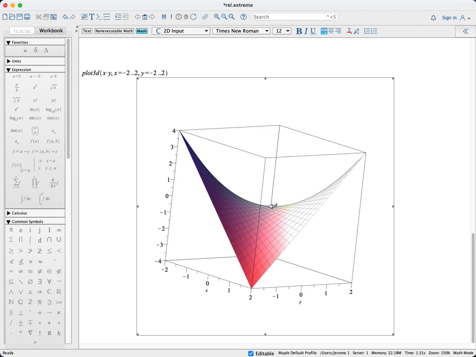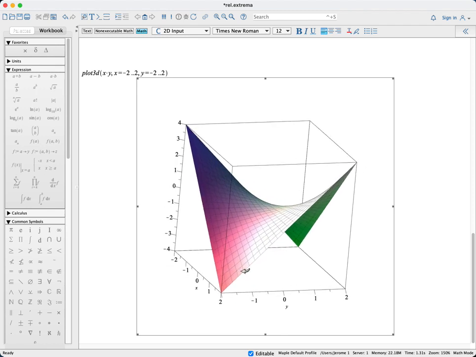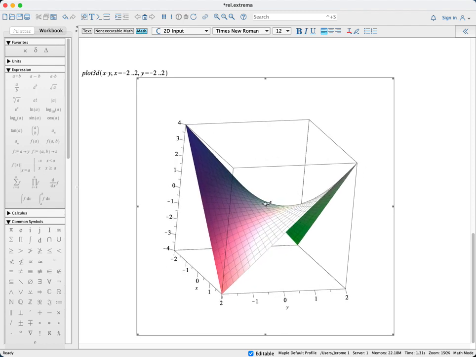And then if I come towards the screen this way, you can see the z value going down. Again, this is an example of a type of point that we refer to as a saddle point. We're just going to learn a way that we can identify when this type of phenomenon occurs on a surface.